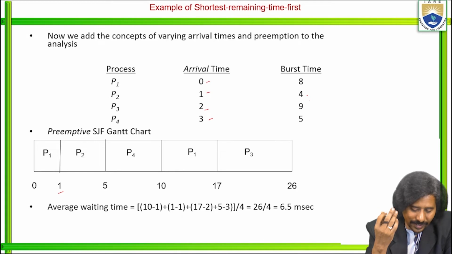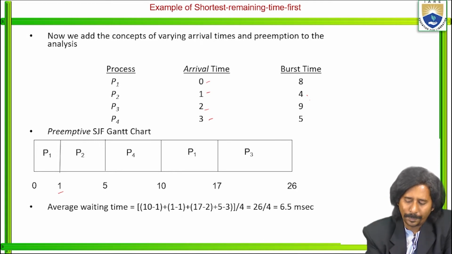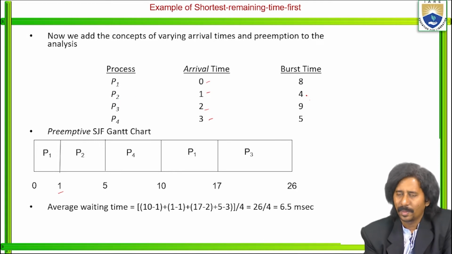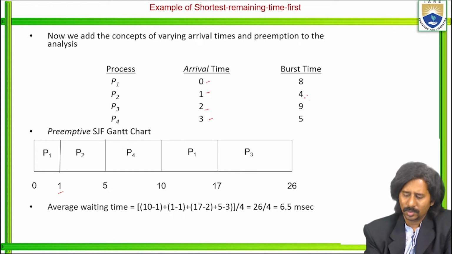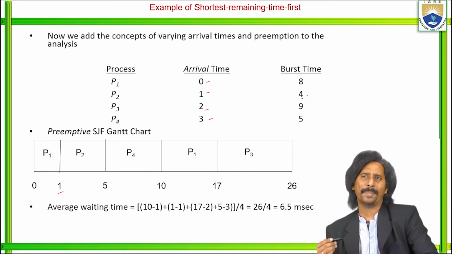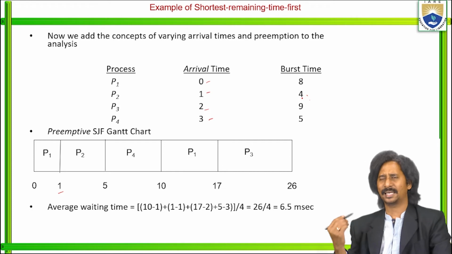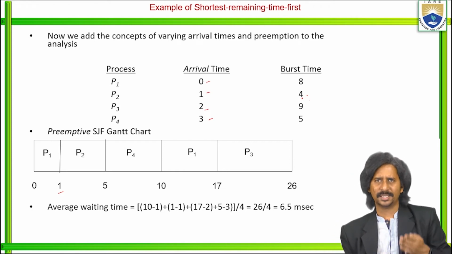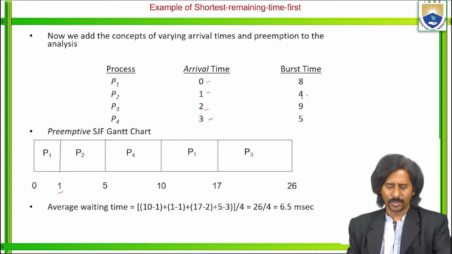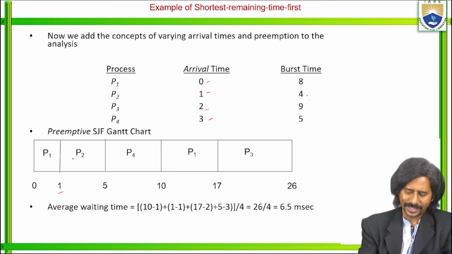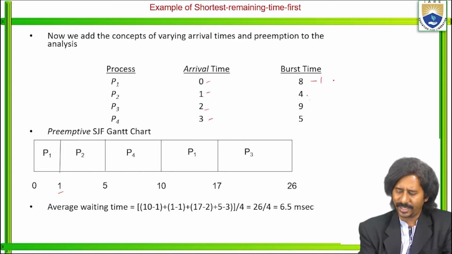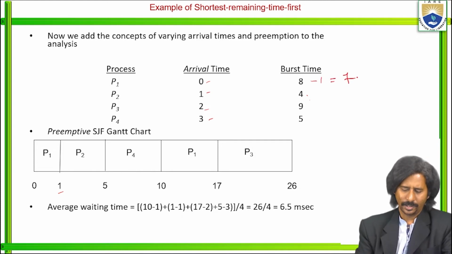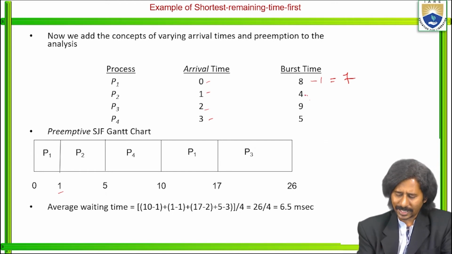Each time, the processor compares the burst times, because the algorithm specifies shortest remaining time first. Initially P1 executes for 1 millisecond, so 8 minus 1, 7 remaining. Next P2, whose arrival time is 1 millisecond, takes 4 milliseconds to execute.